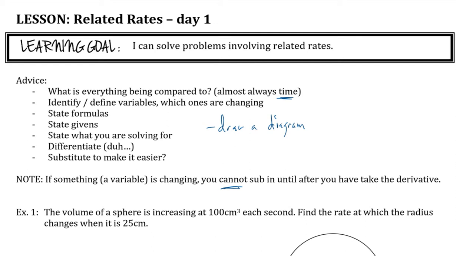That being said, if something is not changing, okay, so this is when we say which ones are changing, if something's not changing, subbing in first will actually make things easier. So that's a good thing to do. So that's why we're going to identify which ones are changing and which ones are not. But be careful. If you're not mindful about this, people do by accident, I suppose, sub in for something that's changing, and then the question's not going to work out.